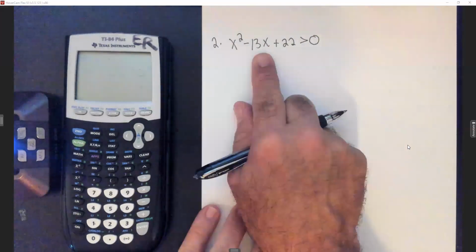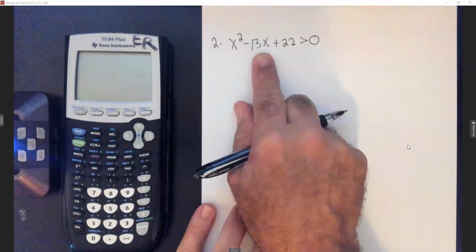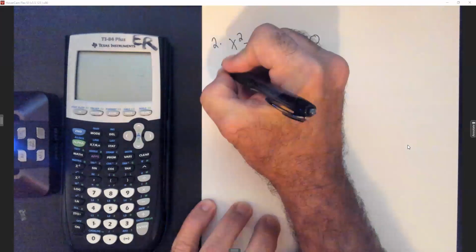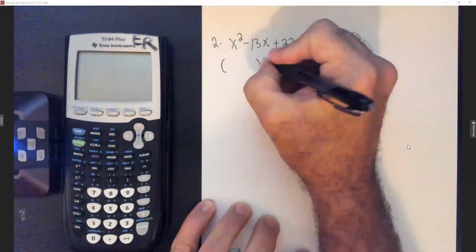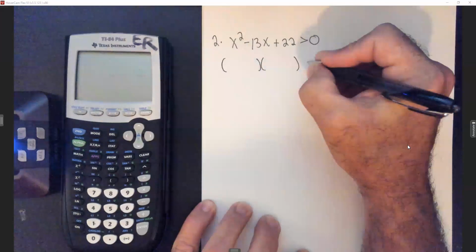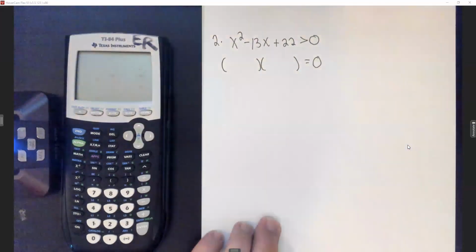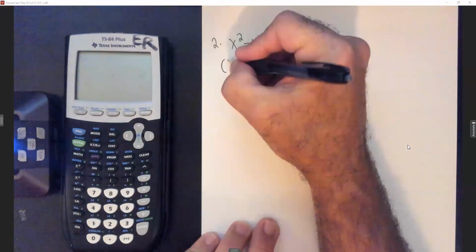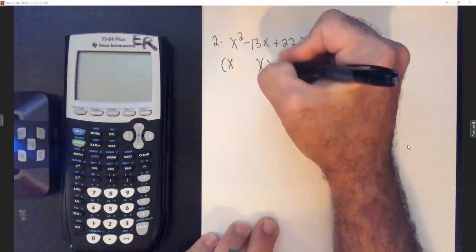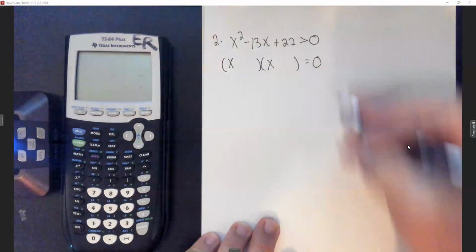First thing you got to do is factor this. So I'm going to break out my parentheses. And at that point, I'll just set it equal to 0. All right, let's see. We got an x squared, so that'll be an x and an x. That last number is a positive.